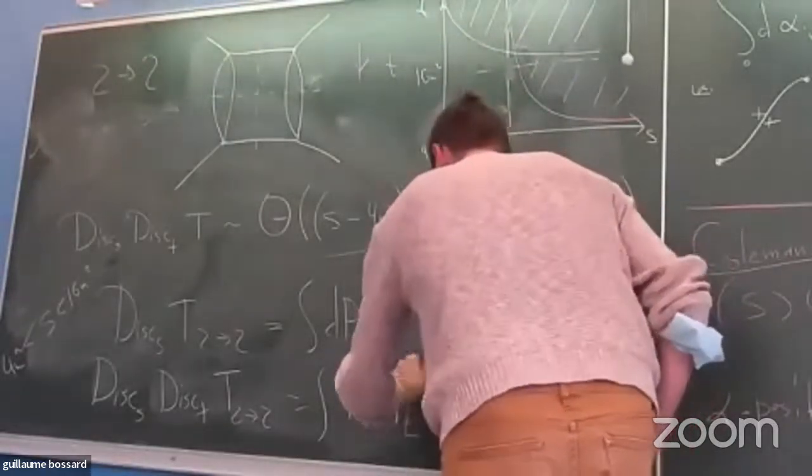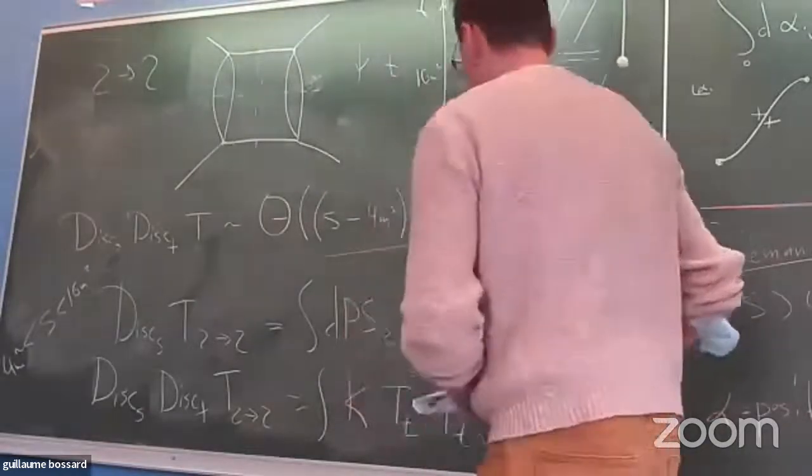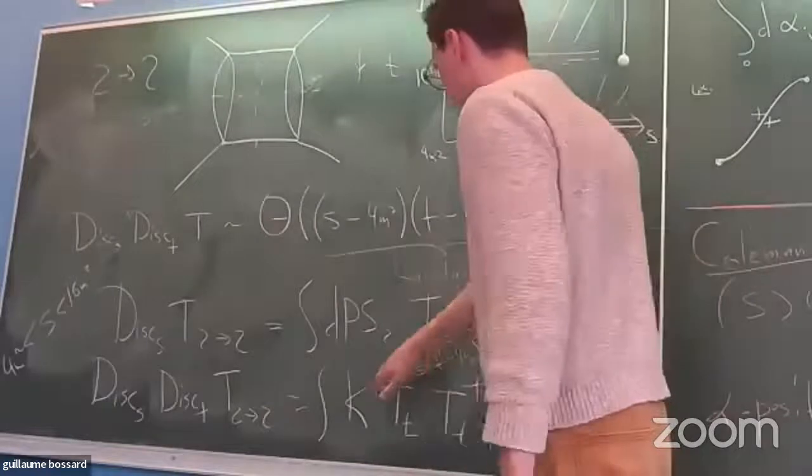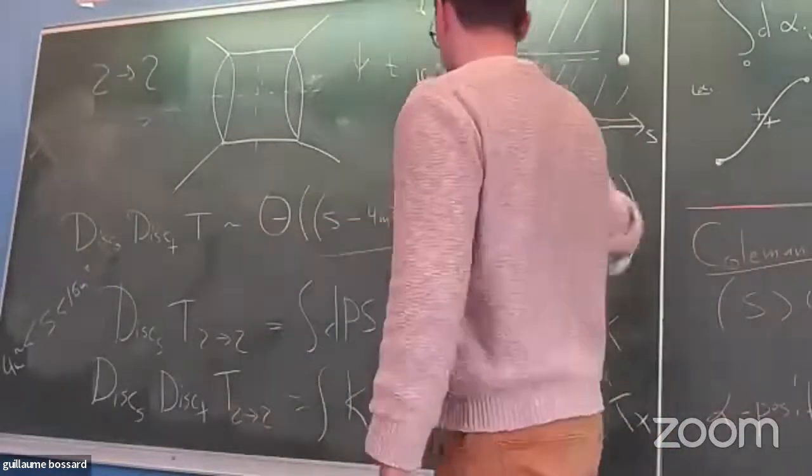And this guy also has a normal threshold. And then you have a Mandelstam kernel. You see that the double discontinuity develops as this theta function.